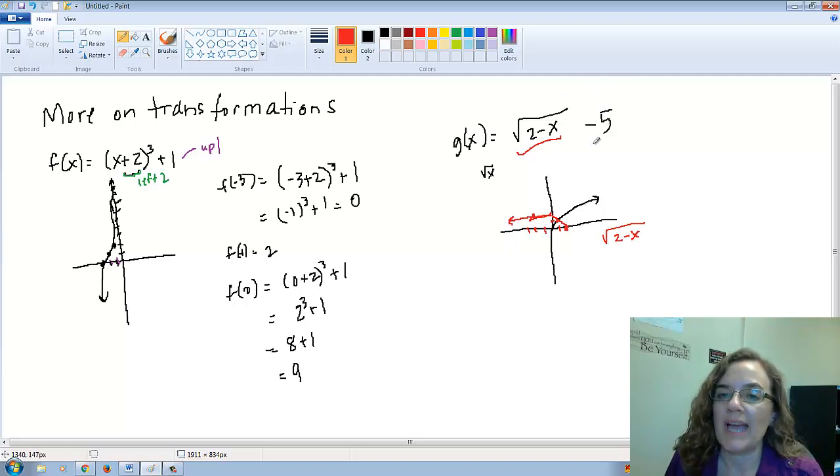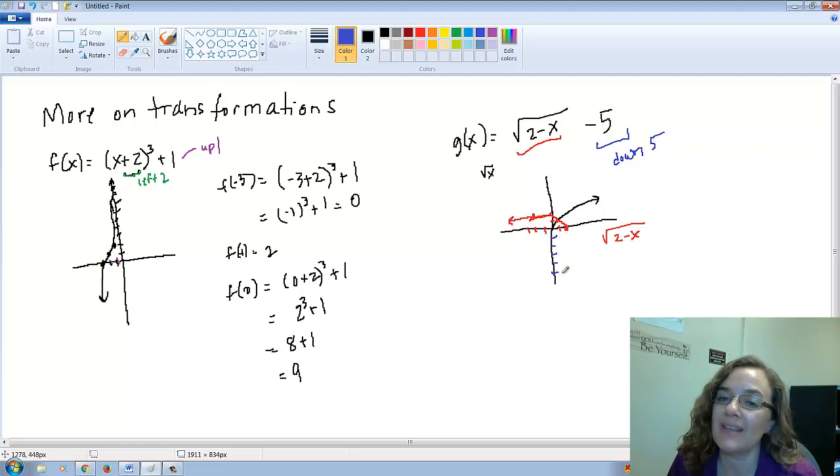So what happens when we add in this -5? That means this -5 will make it go down 5. All of these points are just going to be shifted down 5.